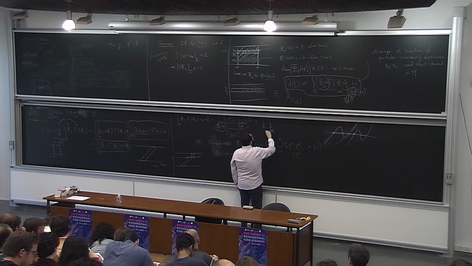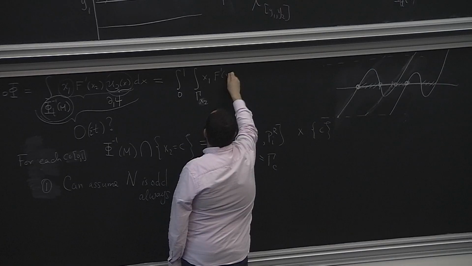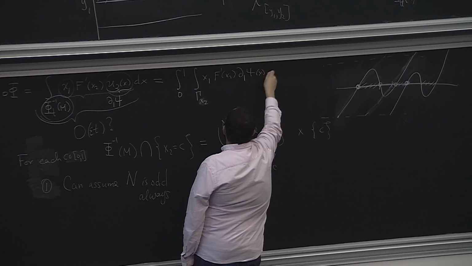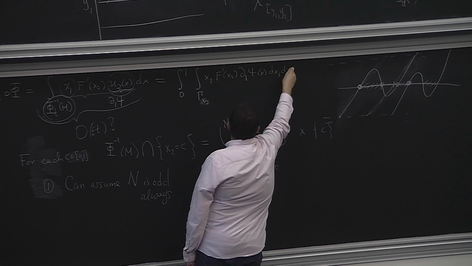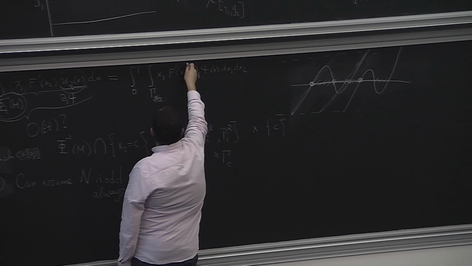Gamma x2, sorry. Of x1 f prime of x2, d1 psi of x, dx1 dx2. Okay, so now you integrate by parts.